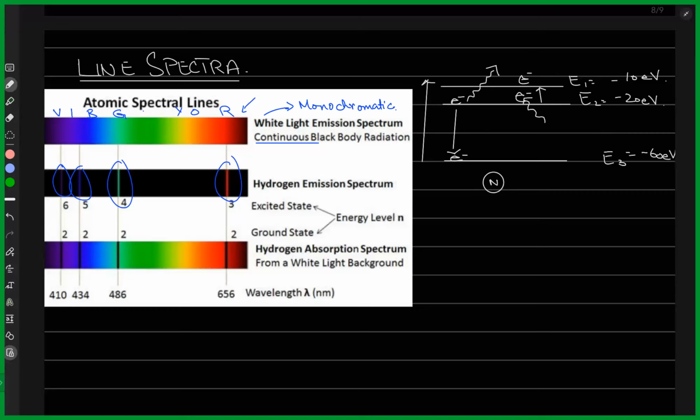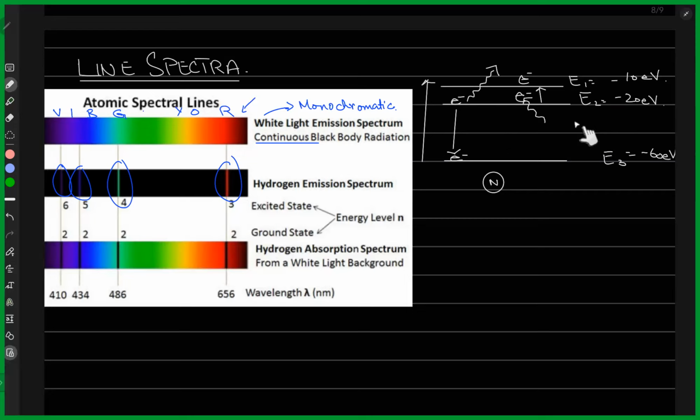So what we see is that when an electron transits from a higher to a lower state, it emits a photon with the energy equal to the difference between these two.